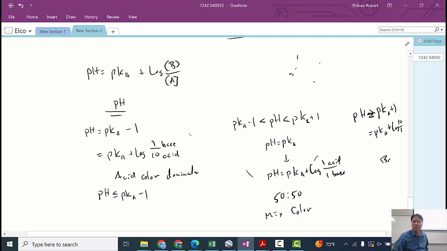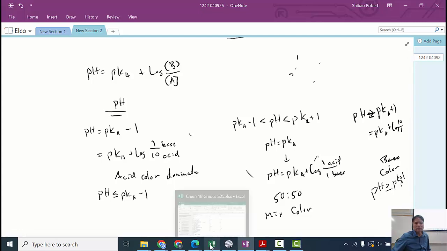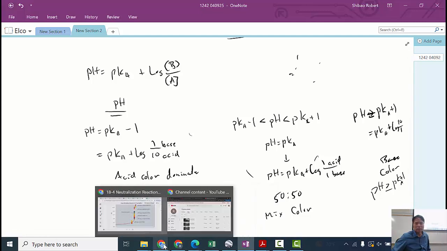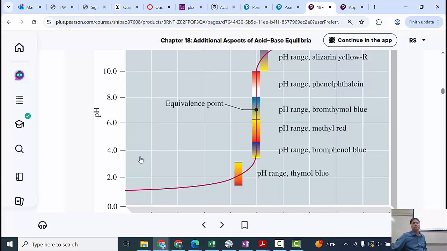And so the base color dominates when the pH is greater than or equal to pKa plus 1. So when we go to the indicators, this is what we'll see on the indicator chart.